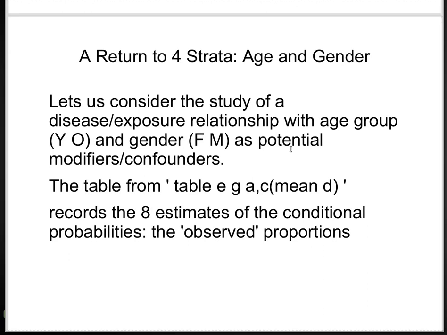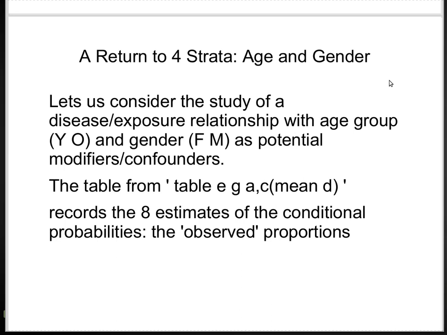That is a series of 2x2 tables described in a stratified analysis, with 4 strata here for this illustration. Age with 2 levels, young and old. Gender with 2 levels, female and male. And what do we see?